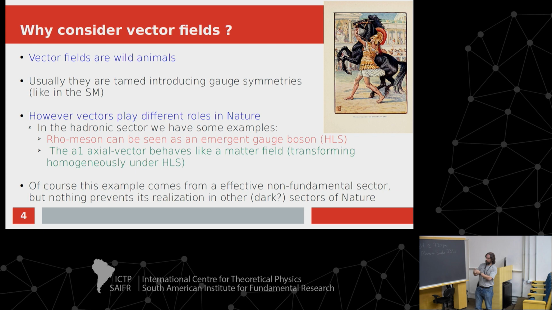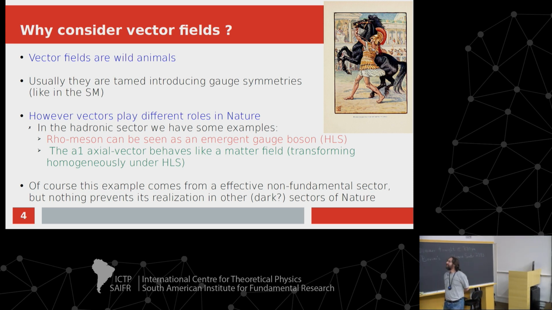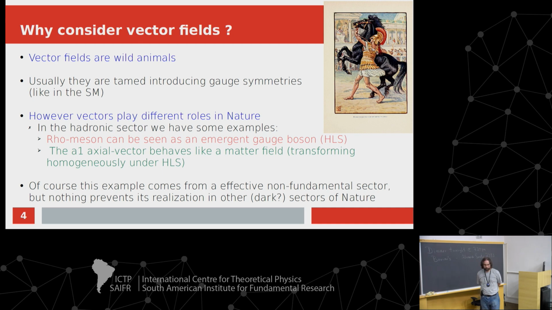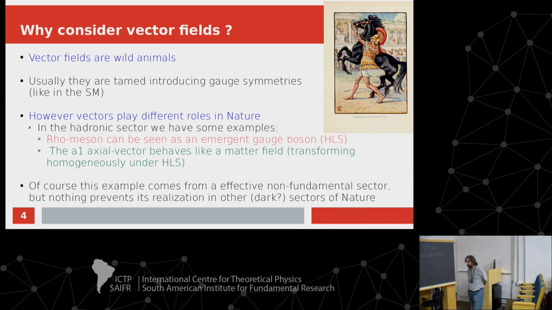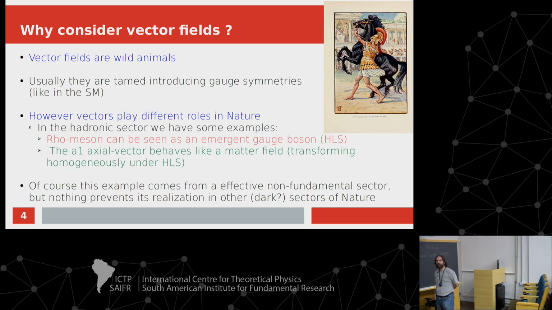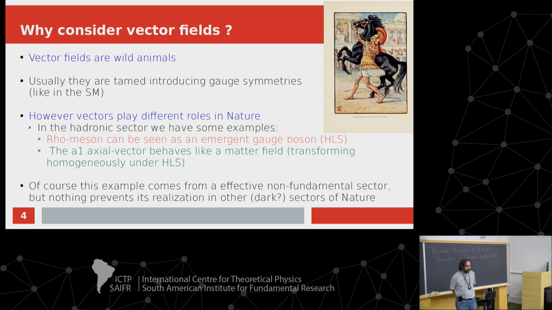Here you can see Alexander the Great taming his horse Bucephalus. This is not the classical image. And usually we need gauge symmetries to construct consistent theory with massive vector fields.